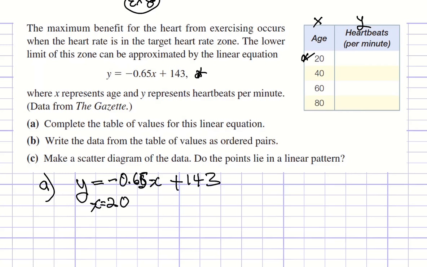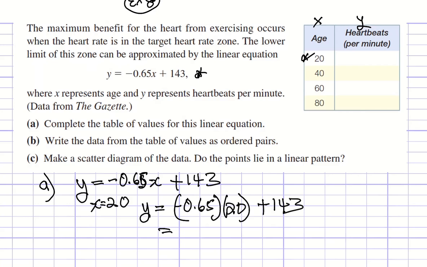That's what they're asking you to do. We've done that many times in the past. So y equals minus 0.65 times 20, plus 143.